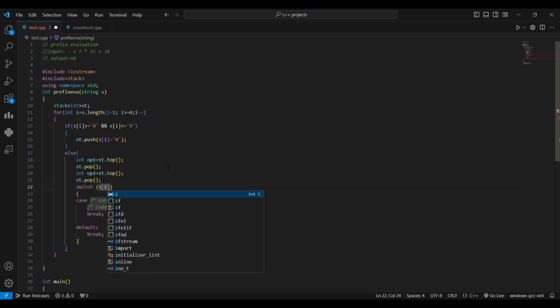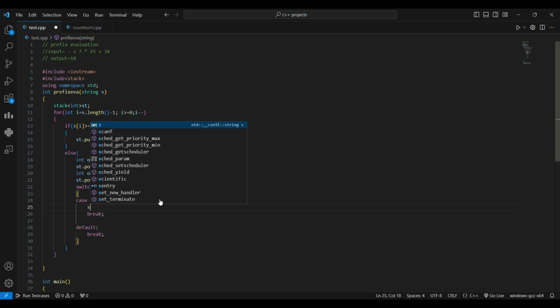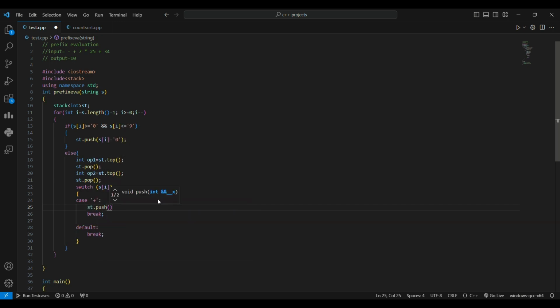If the character is the plus symbol, we add the operands and push the result to the stack: st.push(operand1 + operand2), and break.